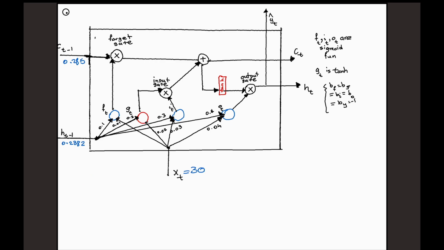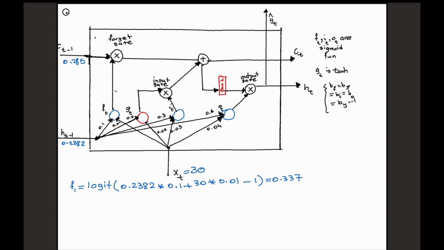So for FT, which is F1 in this case, F1 is simply logit of 0.2382 times 0.1 plus 30 times 0.01, and the bias is -1. Nothing is changing from the previous one. So if you do the math, you would get 0.337.